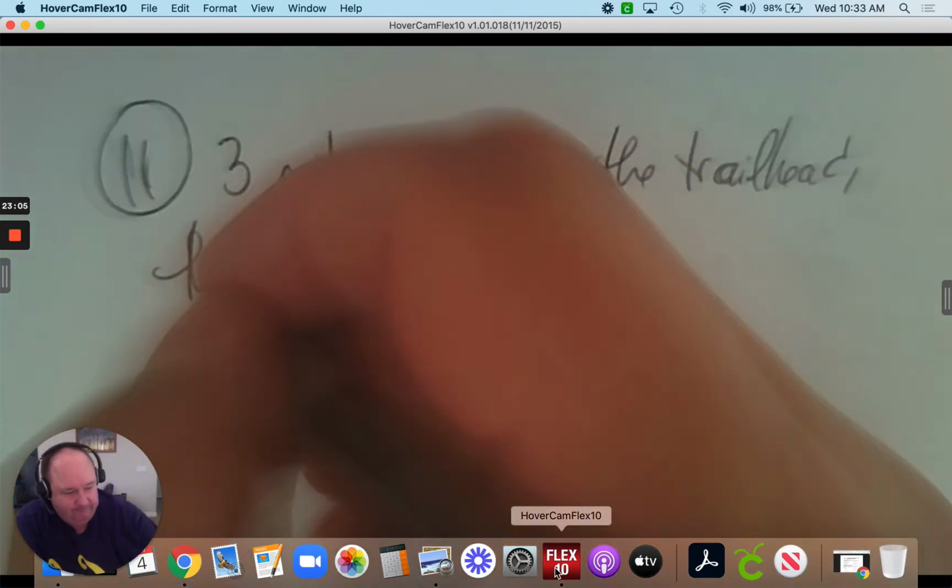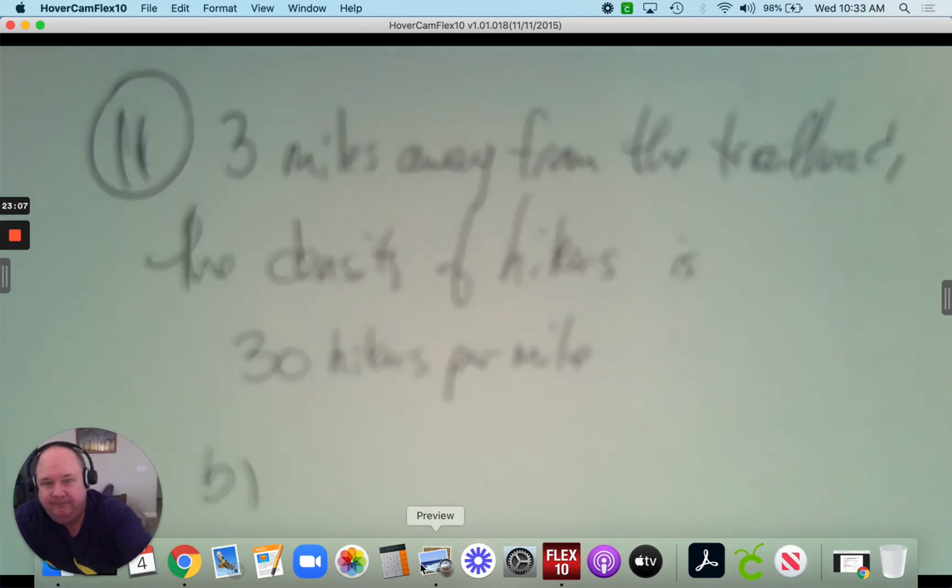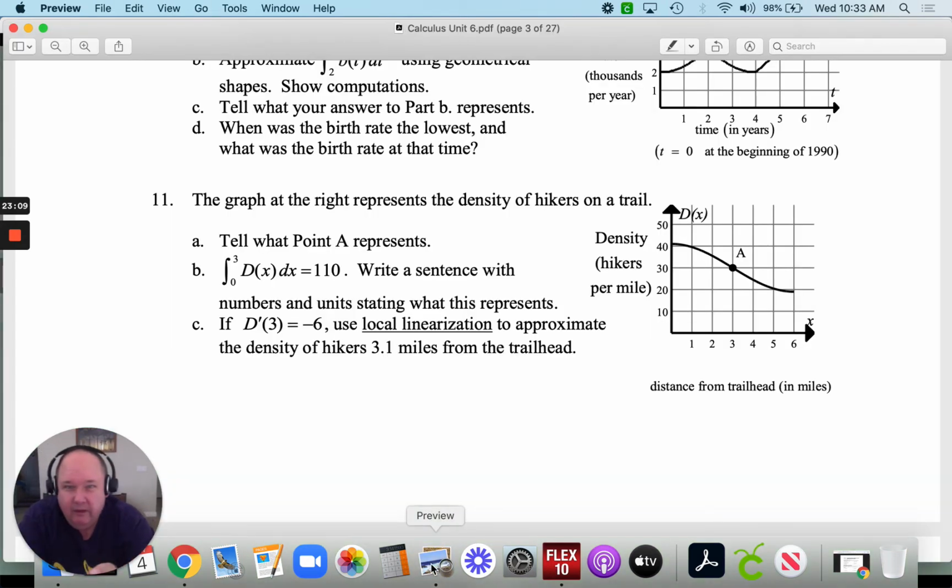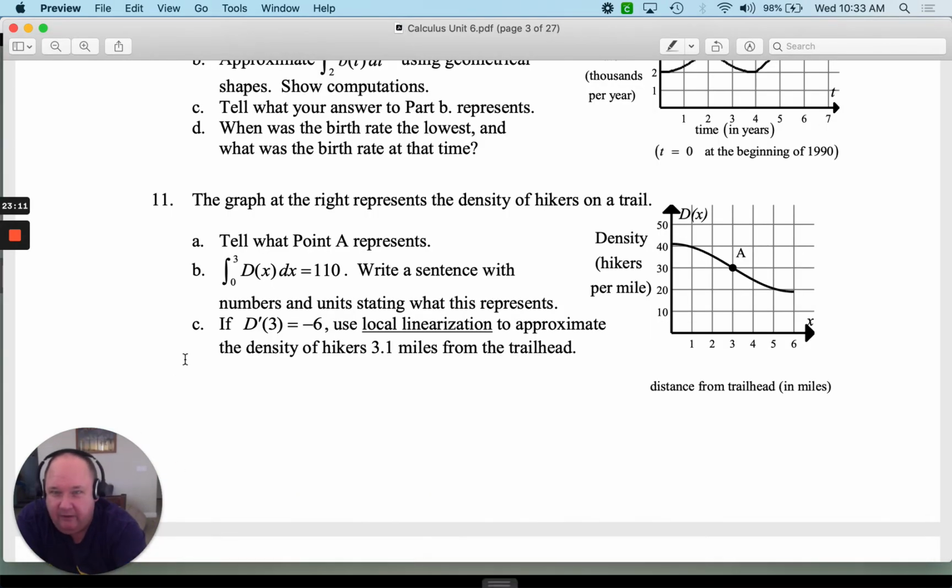Part B. Can you integrate? No, it tells you. From 0 to 3, the answer is 110. Write a sentence with numbers and units stating what it represents. So 0 to 3 means, what's a good sentence to start with?